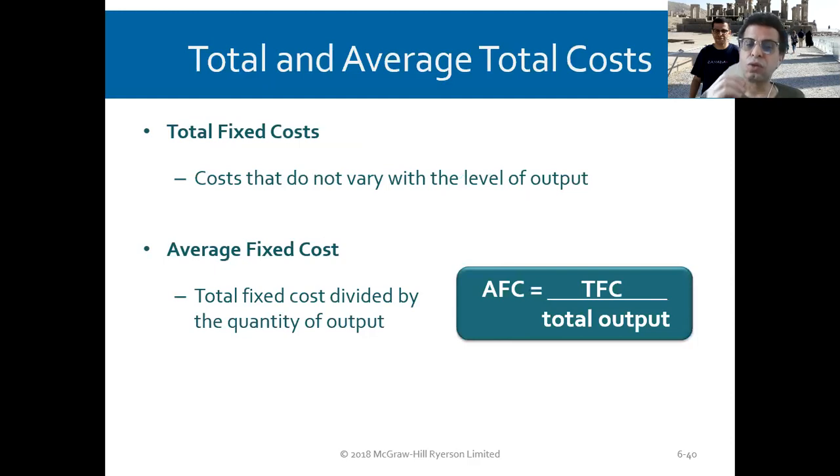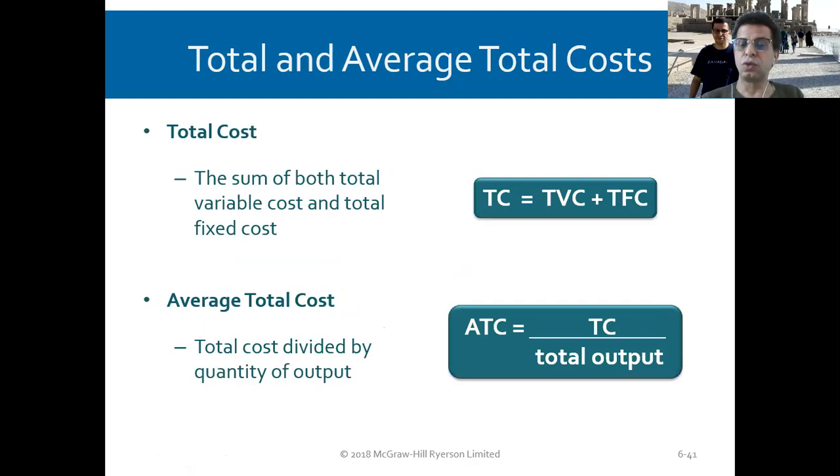So total fixed costs are costs that do not vary, like rent, costs that do not vary with the level of output. And we said the average fixed cost is the total fixed cost divided by the quantity of output, as you see in the formula here: AFC, average fixed cost, equals TFC, which is total fixed cost, over total output. To do the total cost, we know it is the total fixed cost plus the total variable cost.